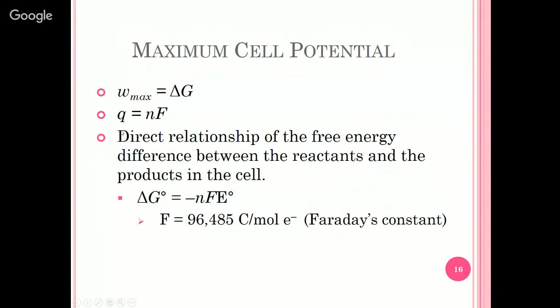Now, the charge is represented by the number of moles of electrons times Faraday's constant. If we combine these different equations, we get this equation, which tells us that the Gibbs free energy under standard state conditions equals the negative of the number of moles of electrons times Faraday's constant times the cell potential under standard conditions.